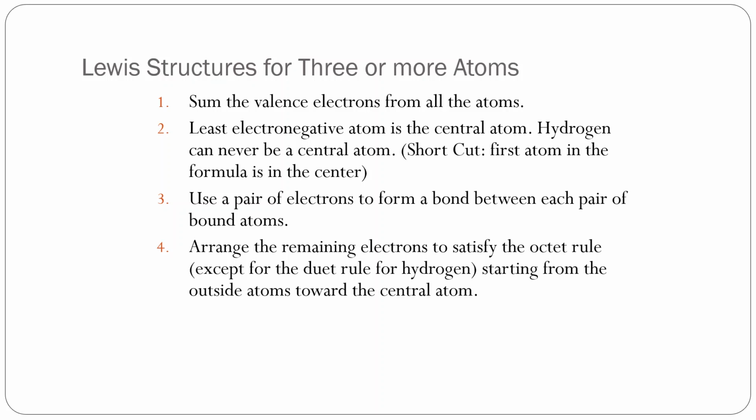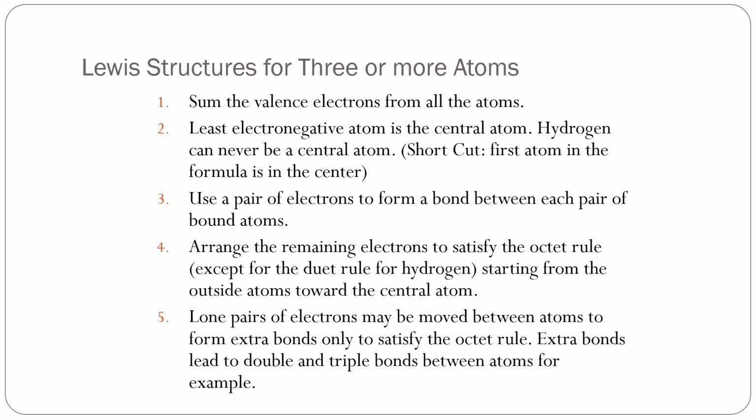Arrange the electrons starting from the outside atoms towards the central atom. And finally, lone pairs of electrons may be moved between atoms to form extra bonds only to satisfy the octet rule. Extra bonds lead to double and triple bonds between atoms, for example.